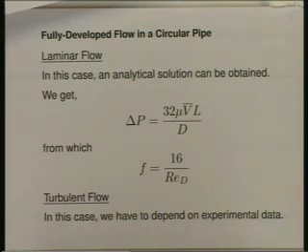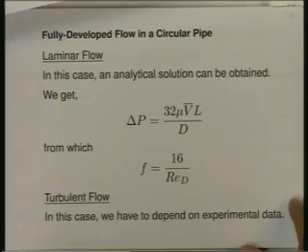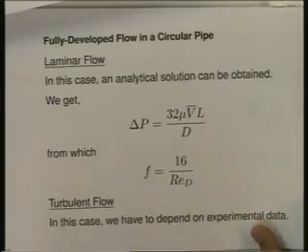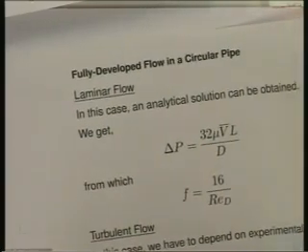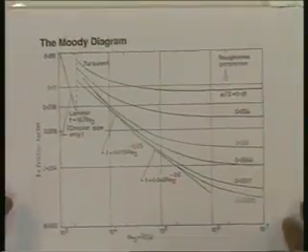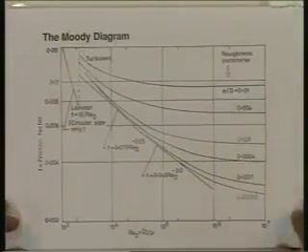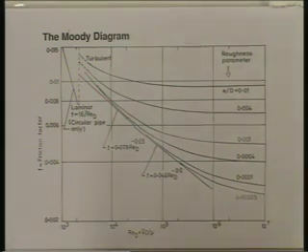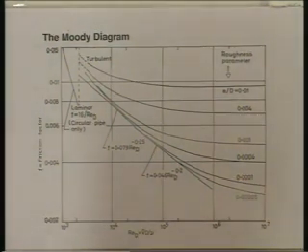In fact, flow through a circular duct is of so much importance in industry that a large amount of data has been obtained and it is put together in a famous chart all of us should know, the Moody diagram.